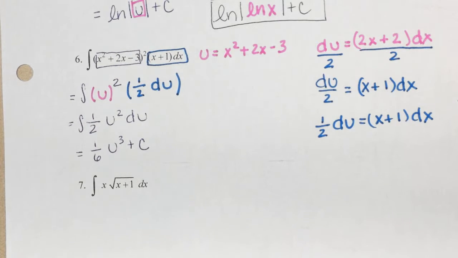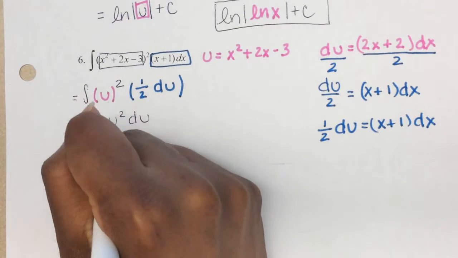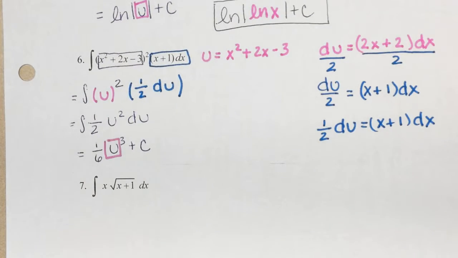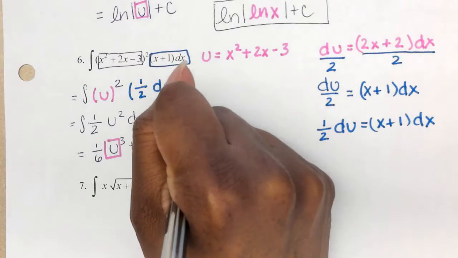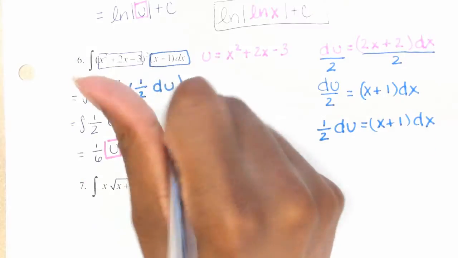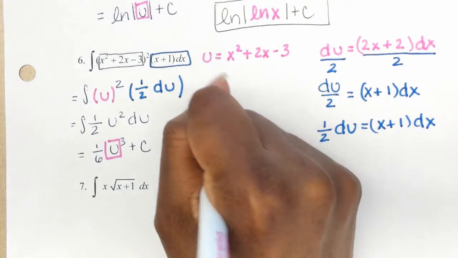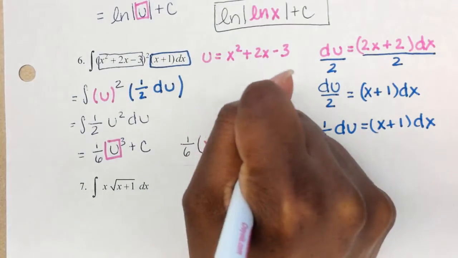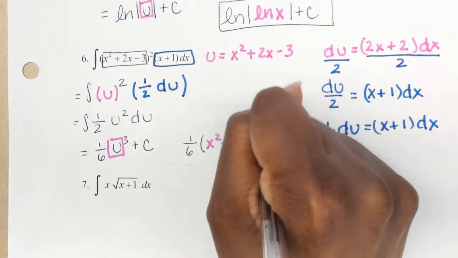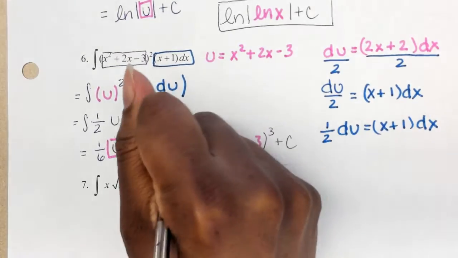And now I want to substitute back in my u. So I have my final answer, 1/6 x squared plus 2x minus 3 cubed plus c.